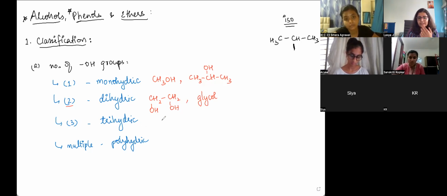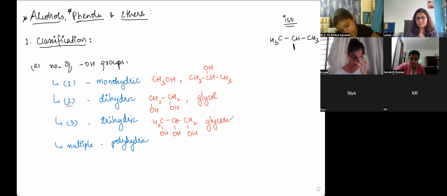Okay. Similarly, for trihydric, the simplest trihydric, you need three OH groups. So let's have three carbon atoms. CH2OH, CH2OH, and the middle carbon has OH, so the fourth is hydrogen. This compound is called glycerol or glycerine.